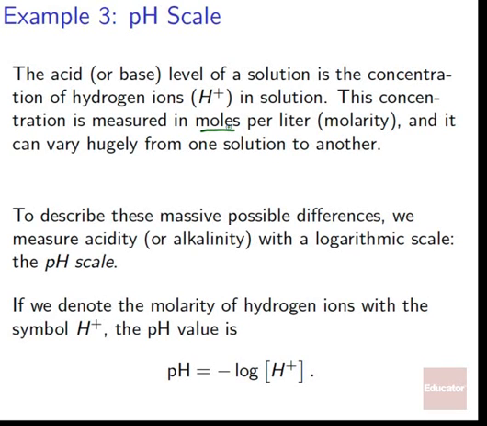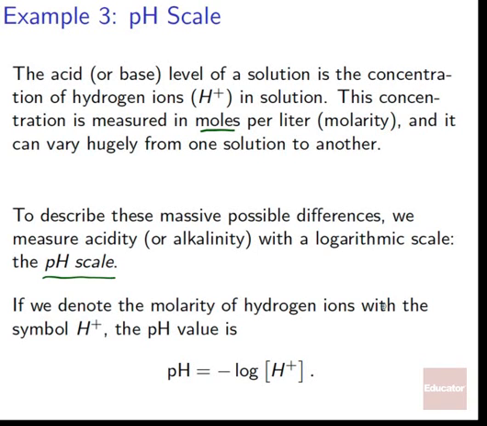And it can vary hugely from one solution to another, so it makes sense that we want to use a logarithmic scale. To describe these massive possible differences, we measure acidity or alkalinity, acidity being the name for how acid something is, and alkalinity, basic, alkaline, these are all the same thing for how basic something is, with a logarithmic scale, the pH scale, which comes from powers of hydrogen, which is connected to the fact that we're looking at a logarithm of our amount of hydrogen ions.